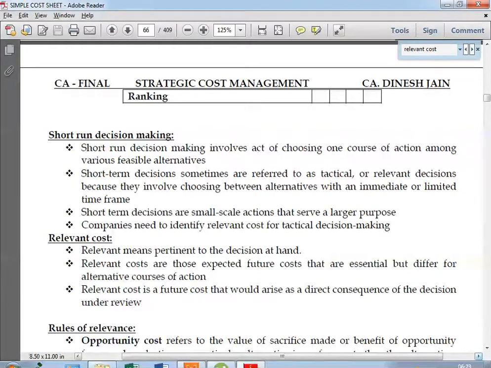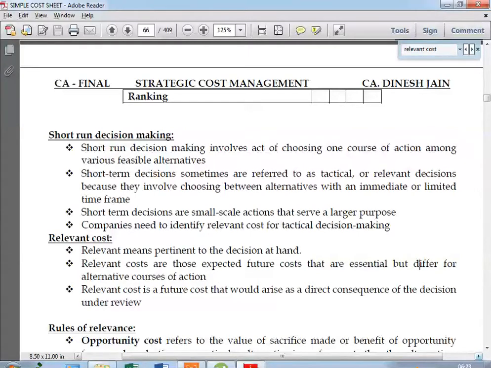Whether I use that report or not, it doesn't matter from an analysis point of view. I have to pay that 1 crore. Clear? Any doubts in this? So, irrespective of payment, we are going to incur this 1 crore.